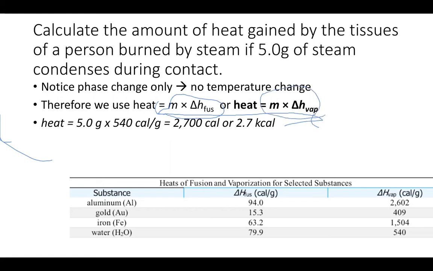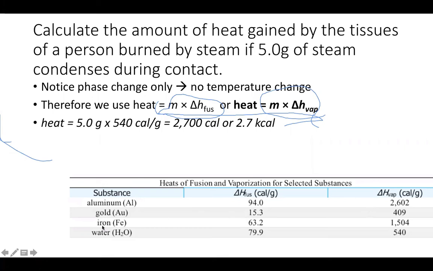Now, this is going to depend on whether we are going from a solid to a liquid, then we use the heat of fusion. And if we're going solid to liquid or liquid to solid, that's fusion; from a liquid to a gas or a gas to a liquid, we use the heat of vaporization. So you've got to be able to choose that, and just make sure we're using the right one.